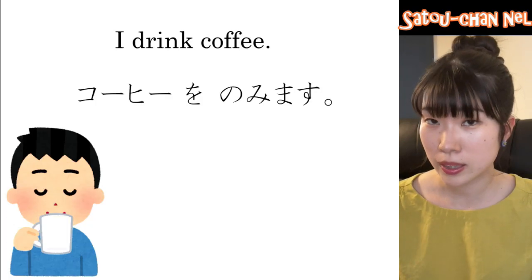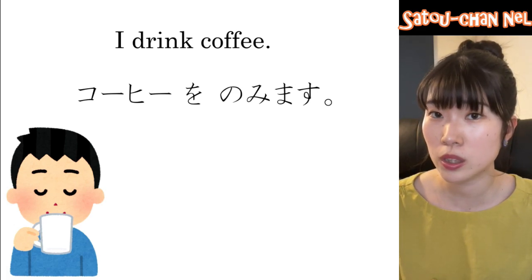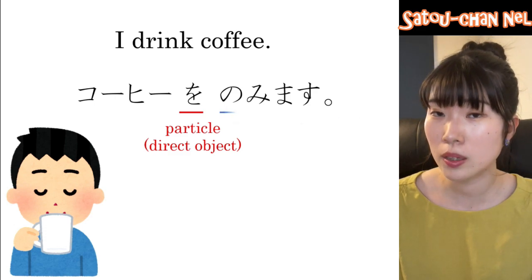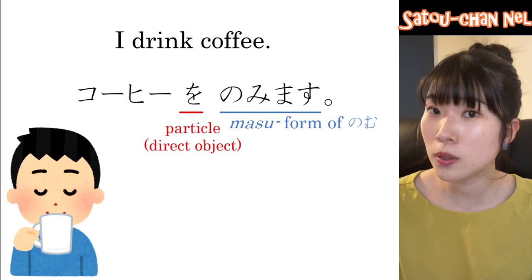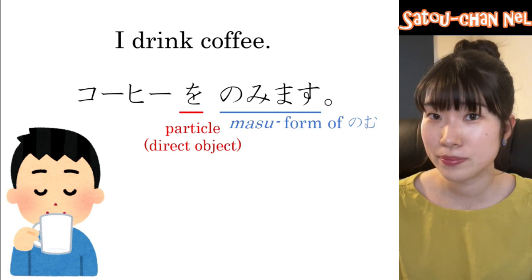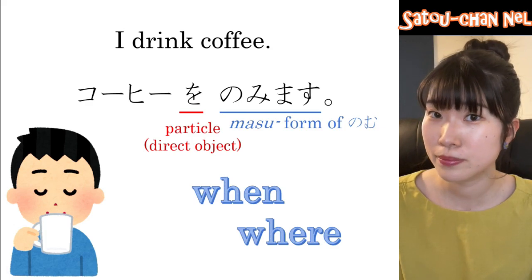In the previous lesson, we learned about how to make sentences using particle o and masu form of verbs. Today, let's add more information in sentences, like when and where you do the action.